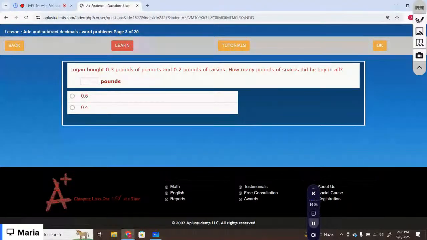So 0.2 plus 0.3. That is 0.5. Option number 1 is the correct option.